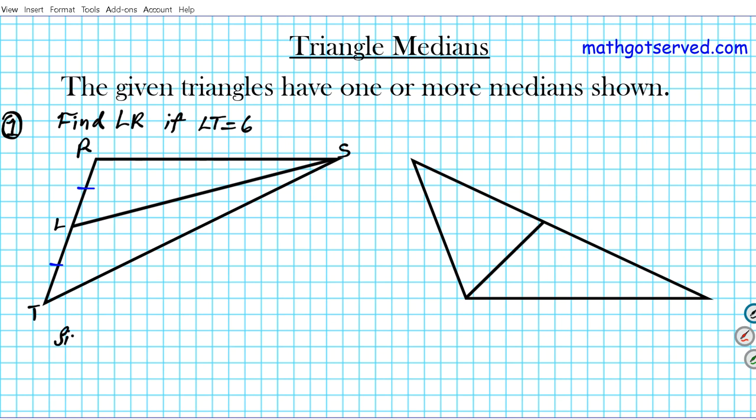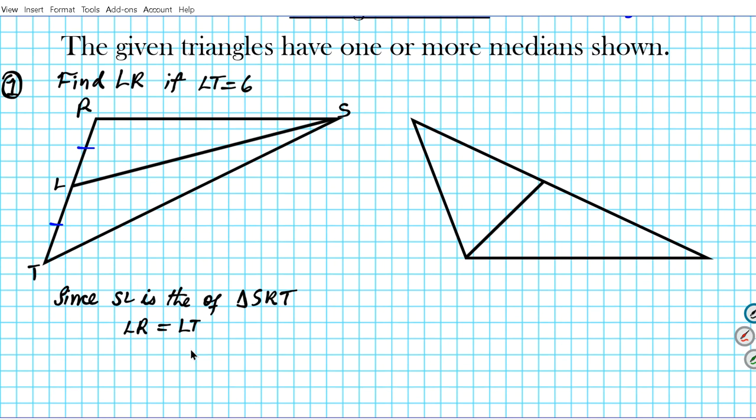Since SL is a median of triangle SRT, we know it has to bisect this side. So LR is equal to LT based on the definition of a median. We're told that LT is equal to 6 units long.